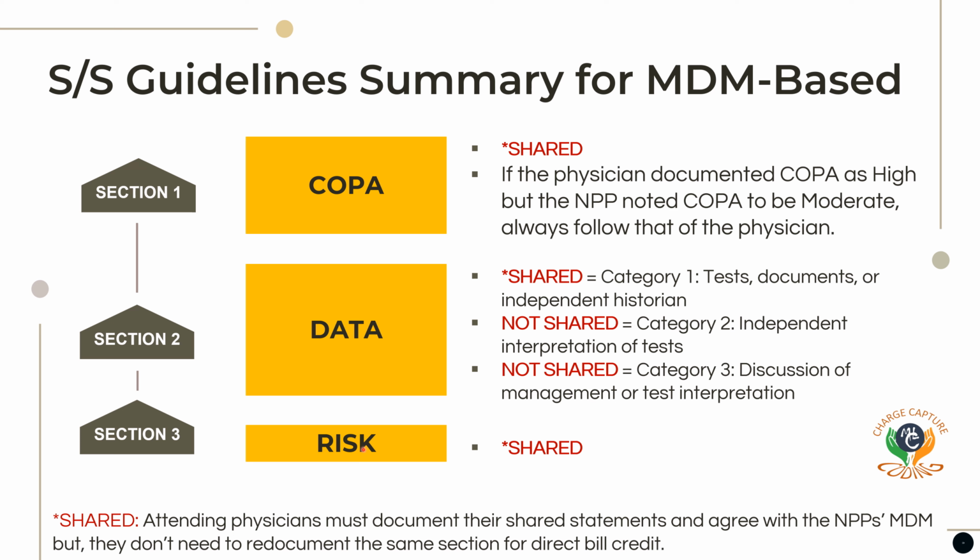So if the mid-level provider had already documented them, the attending physician does not have to redocument the same section. So they both each get credit. But if you can see as well, not shared would be the Category 2 and Category 3. Whoever documented them in their TPA or the MDM portion of the whole chart will get the billing credit.